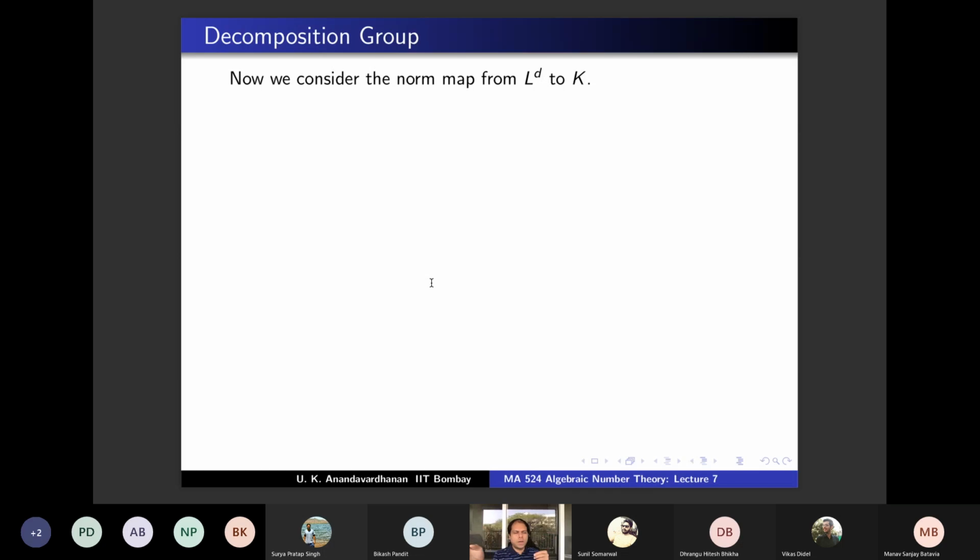That may not happen, but still, you have the Galois conjugates, Galois elements, sigma from LD to the algebraic closure of K. So it will land in L, because L over K is Galois and this is a sub extension. It will land in L. You take those things and take the product. So consider the norm map from LD to K. What will be the sigmas which will contribute to this norm map? These are sigma from LD to L.